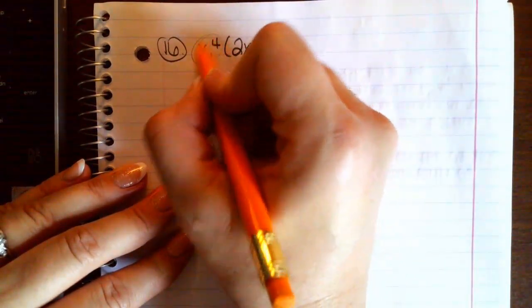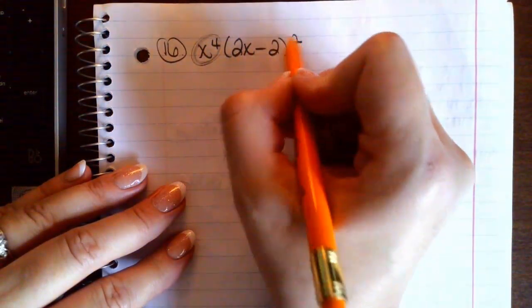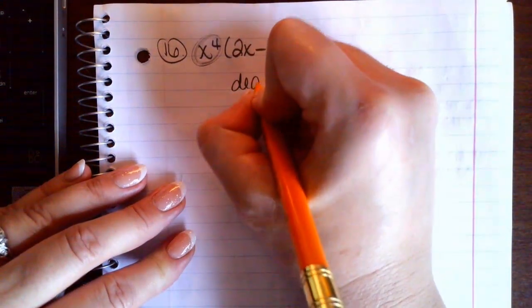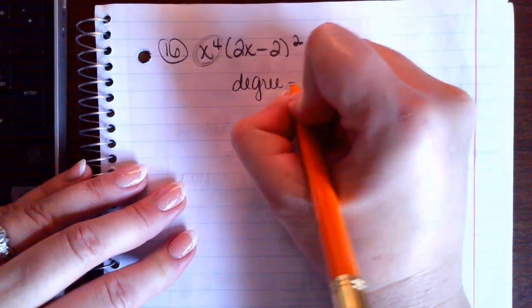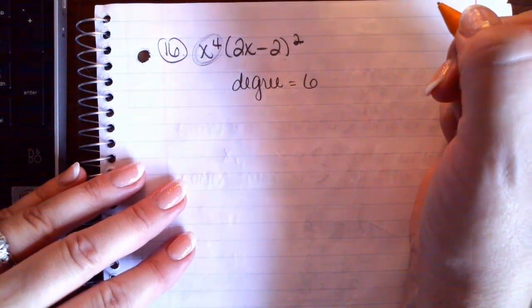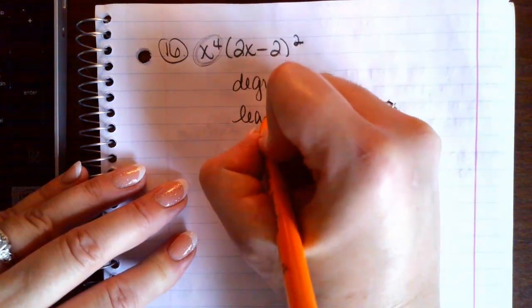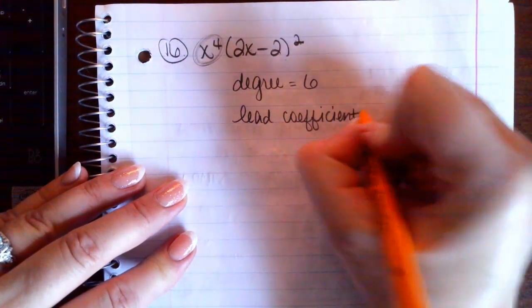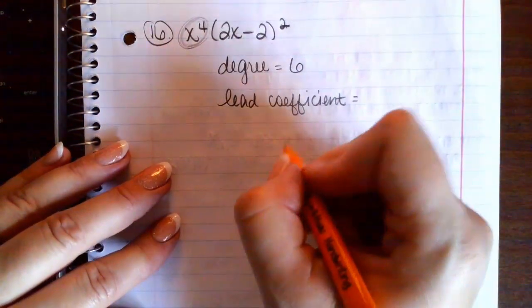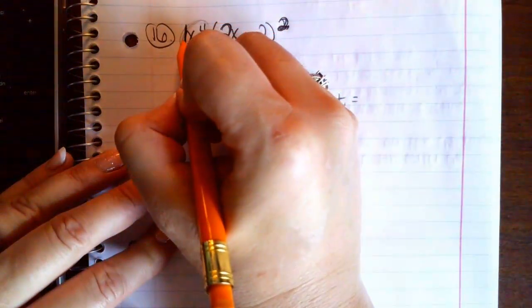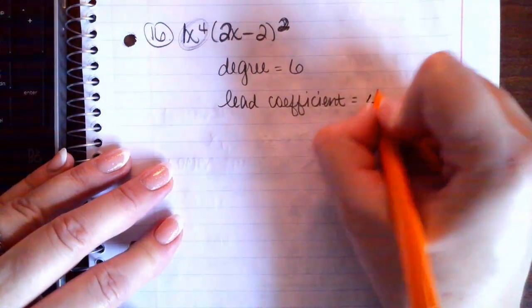There are 4 x's here, and there are 2 x's here being multiplied together, which gives me a final answer of 6 x's being multiplied together. So my degree is 6. My leading coefficient is going to be, this is a 1, and this is a 2 squared. So 1 times 2 squared is 4.